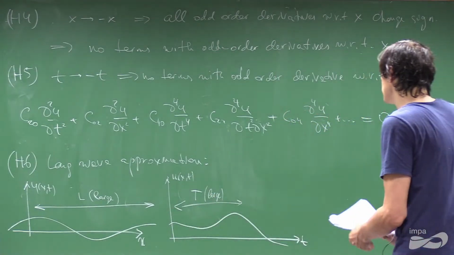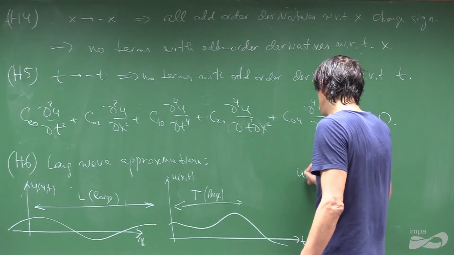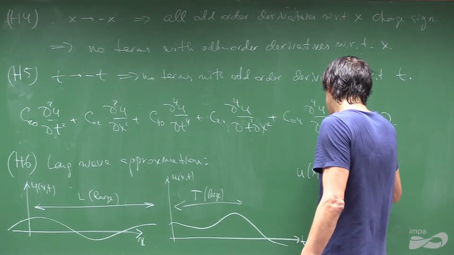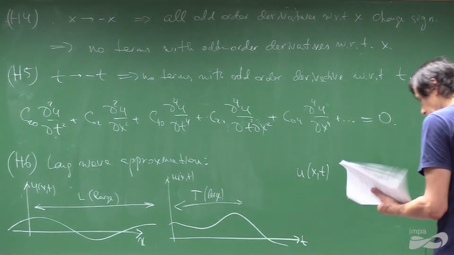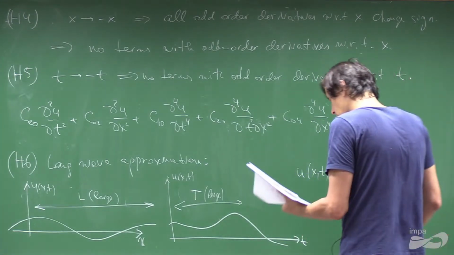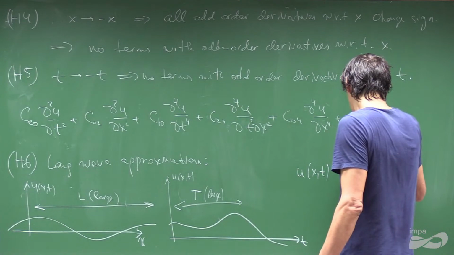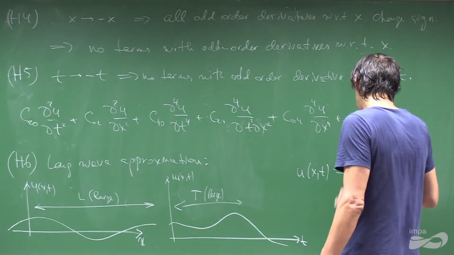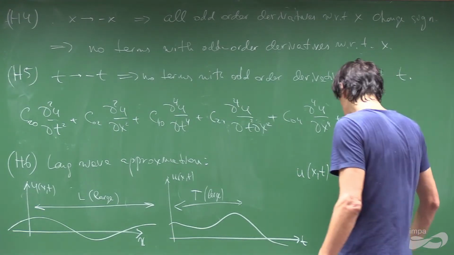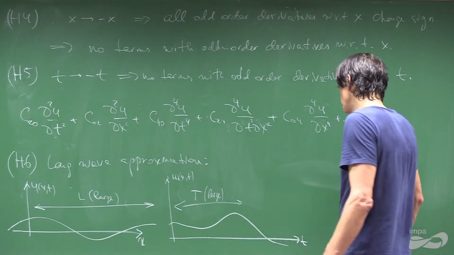So what does it mean analytically? It means that our function u(x,t) can be written as follows. Let's change variables.